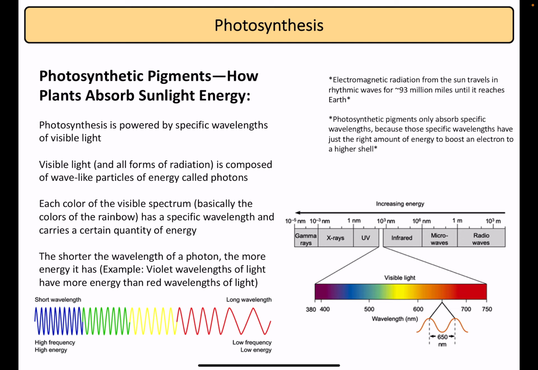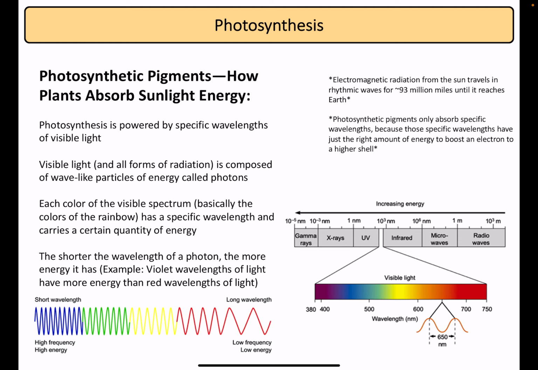The colors of the rainbow are visible light, and those are a type of radiation, and it's specifically the type of radiation that a plant harnesses to power photosynthesis. And as we said before, it doesn't use the whole spectrum of the rainbow. They primarily use red and bluish violet light to power photosynthesis.